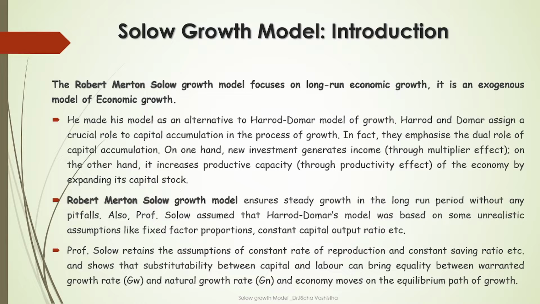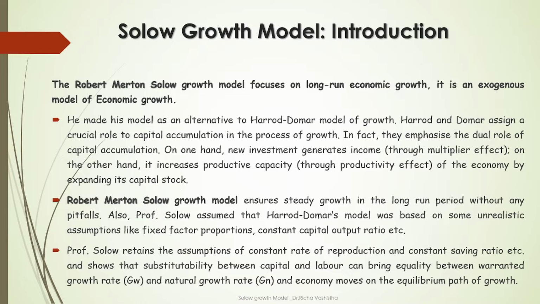Now this model, the Robert M. Solow growth model, ensured steady growth in the long run, but without certain pitfalls which were found in the earlier discussed Harrod Domar model.